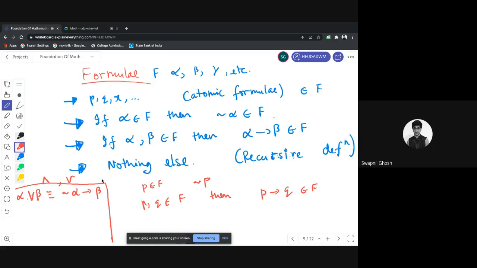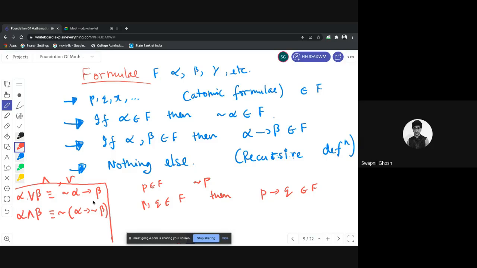Think of or as just a symbol; this is what the symbol means. Of course, we are more intuitively familiar with and and or: we say that or is true if either one of them is true. Similarly, alpha and beta can be represented using not and implication, so that if both of them are true, this is true. You see that this will hold.